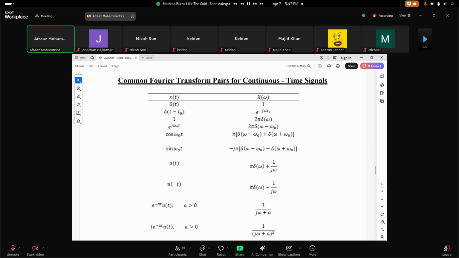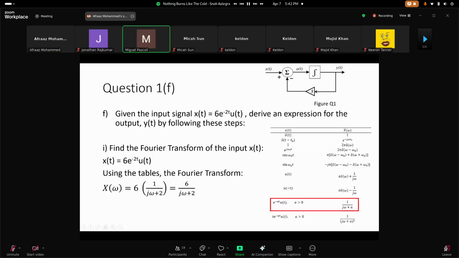Question. Good, yes Miguel, question? From the formula sheet, on this page here, I see you have this in a red box. The one below it is pretty much similar, just with a t in front of the e.